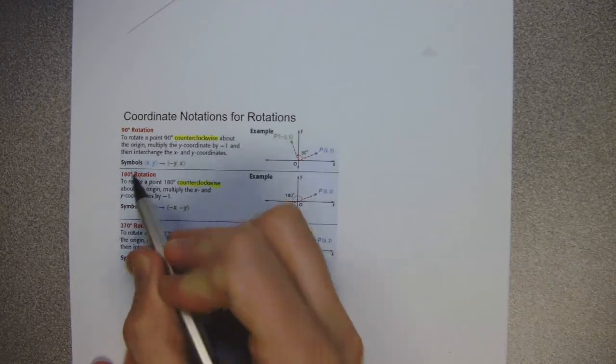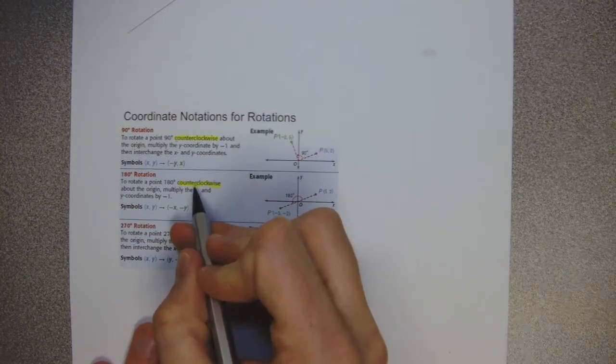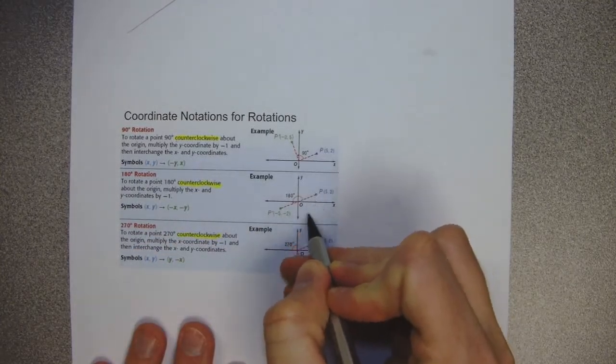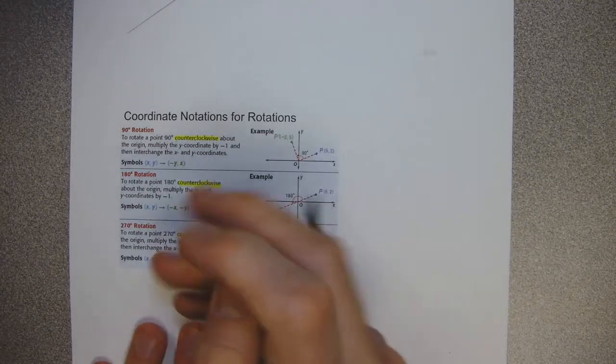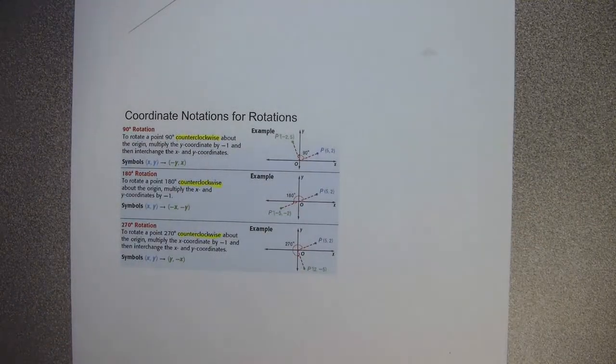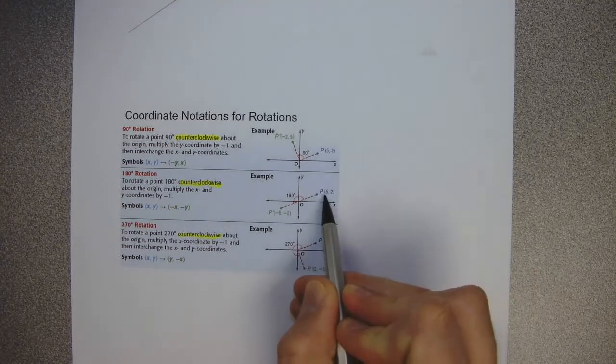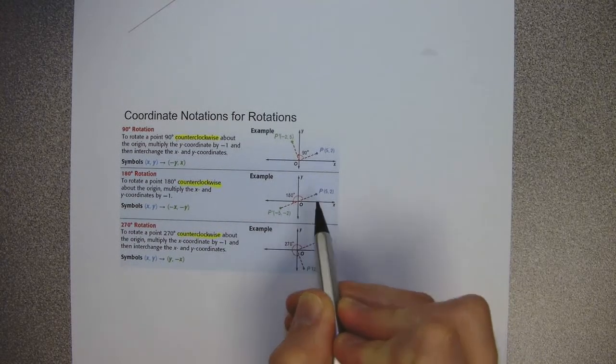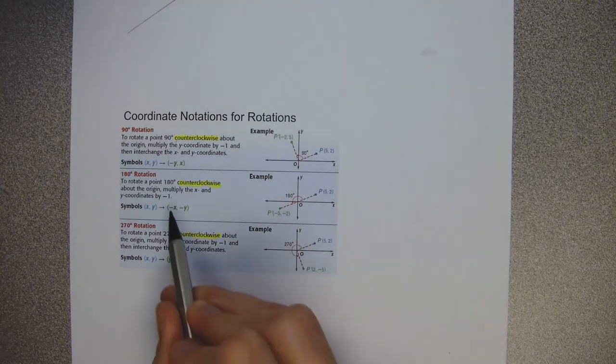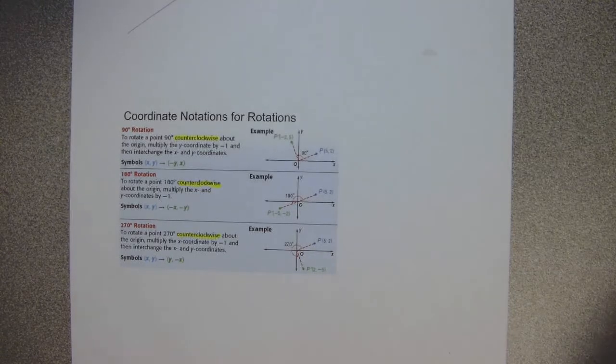For 180-degree rotations, again, it really doesn't matter direction, whether I rotate this way or this way, we'd end up in the same position. But the 180-degree rotation is simple. We simply keep the x's and y's in their original positions. So notice the 5's first here and the 5 is first here, 2 is second, 2 is second. The only difference is we're going to multiply both the x and the y coordinate by that -1.